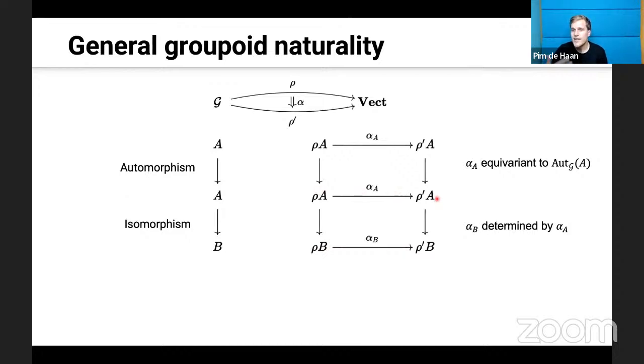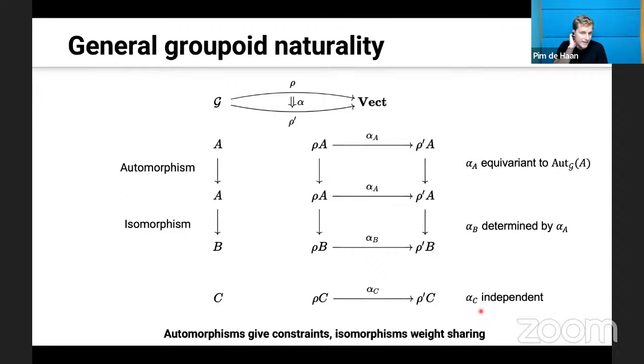So if you want to design such a natural transformation, you would look at the A component and constrain it according to the automorphism group of A. Then for all the isomorphic objects, the natural transformation is fully constrained. And if we have an object that is not isomorphic to A and B, then the component of the natural transformation is independent from the first two.